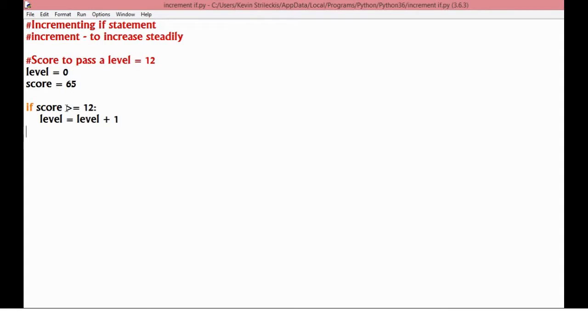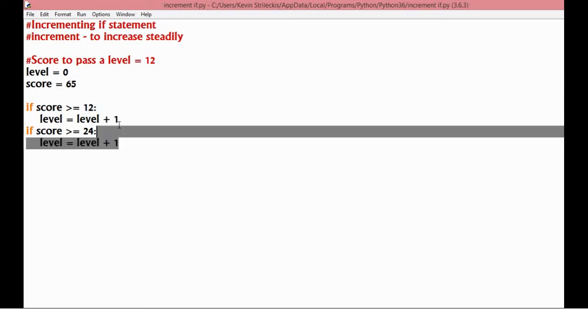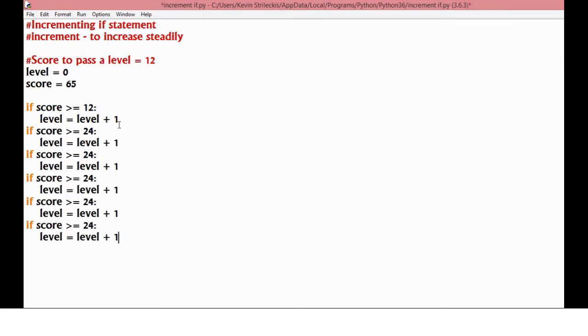But 13 would also work here. Next, if score is greater than or equal to 24, level equals level plus 1. And I'm going to keep doing that for a while: 24, 36, 60, 72, and we'll just pause it right there.